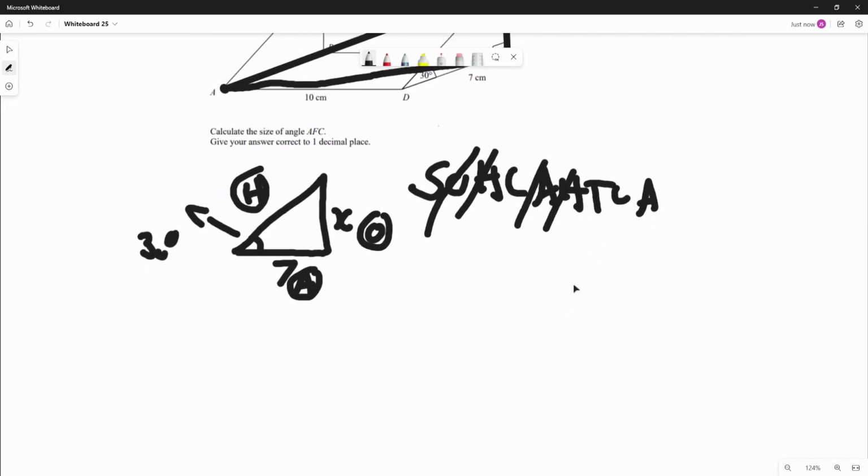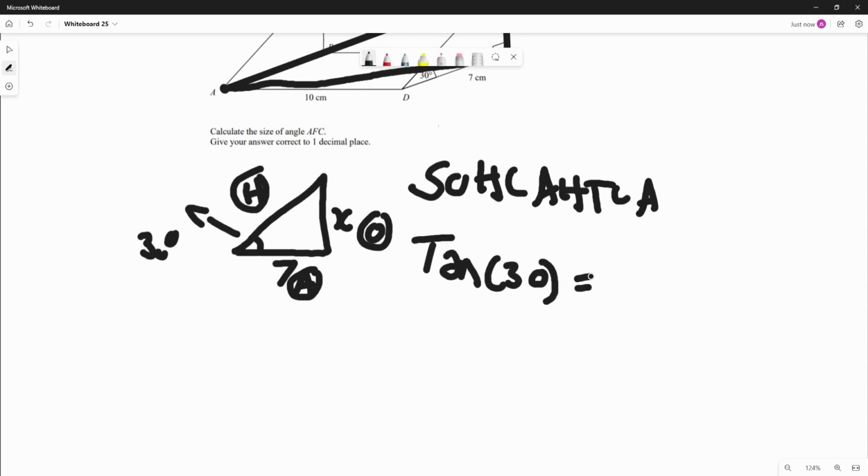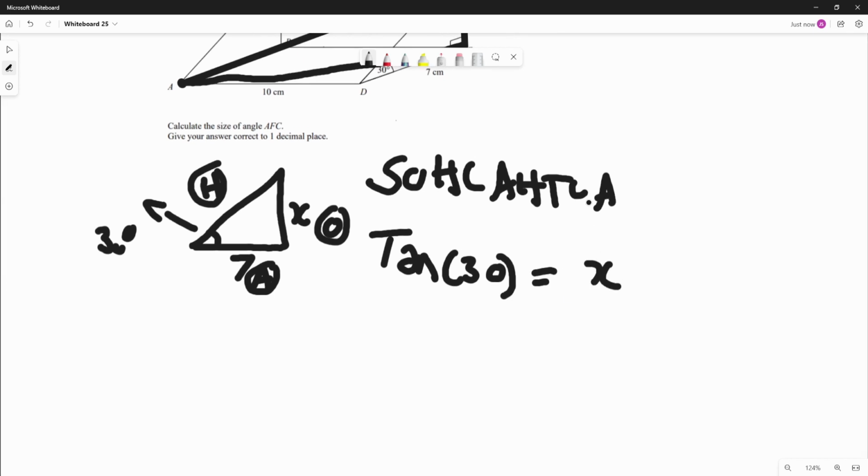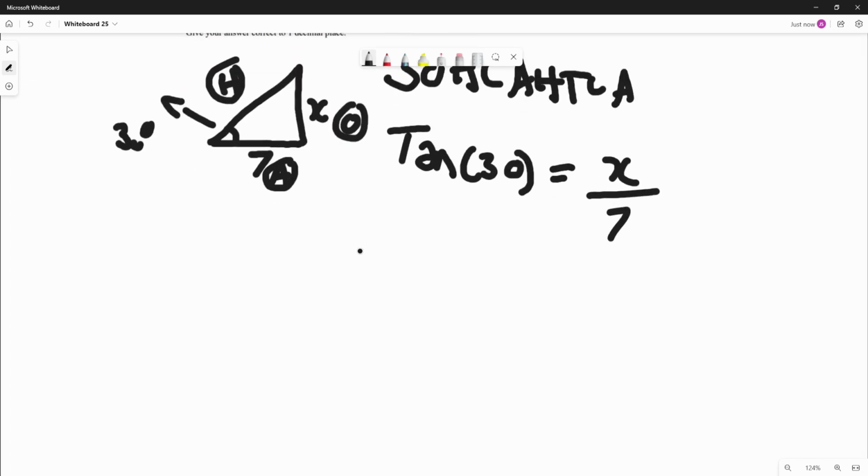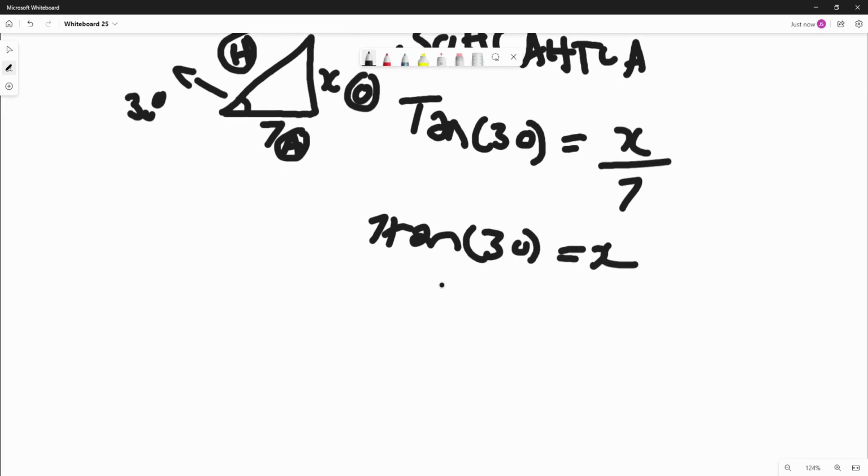So we're going to have to do tan of 30 degrees is equal to x, the opposite, divided by 7, the adjacent. Rearrange to find x: we get 7 tan 30, which is x.